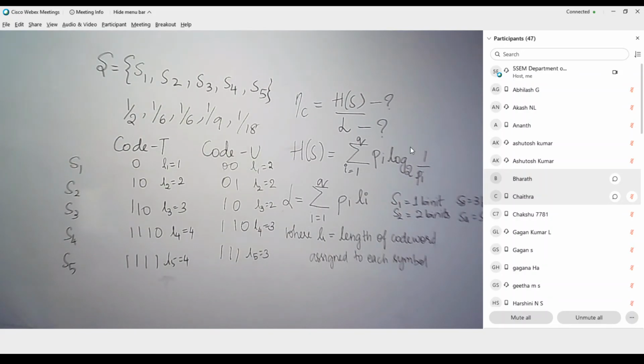Finding the entropy is simple. It is 1 by 2 into log 2 to base 2, plus 1 by 6 into log 6 to base 2, plus 1 by 6 into log 6 to base 2, plus 1 by 9 into log 9 to base 2, then we have 1 by 18 into log 18 to base 2. So do that and let me know.